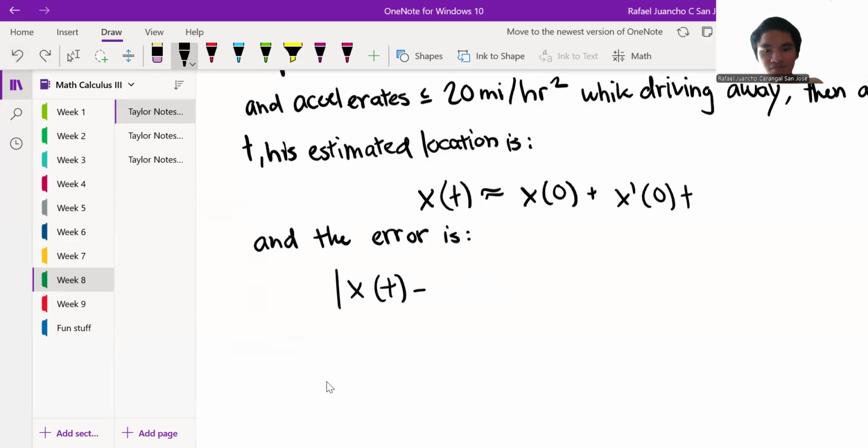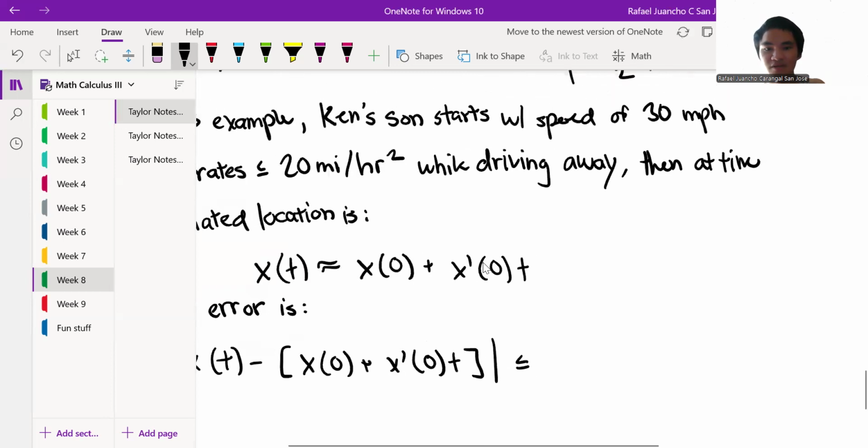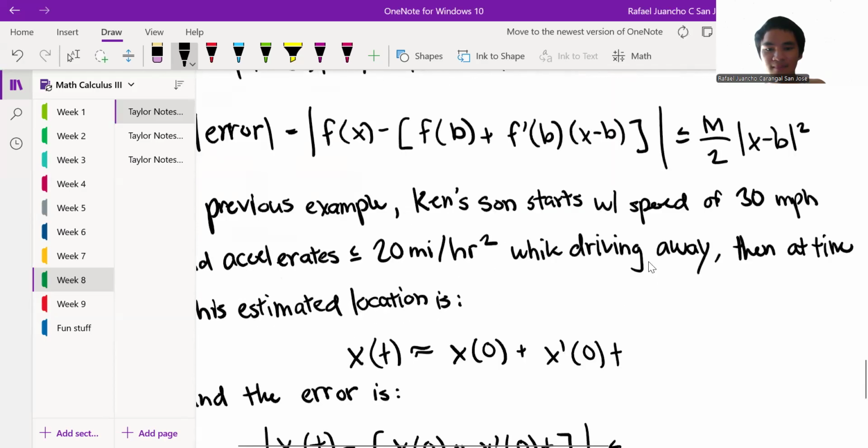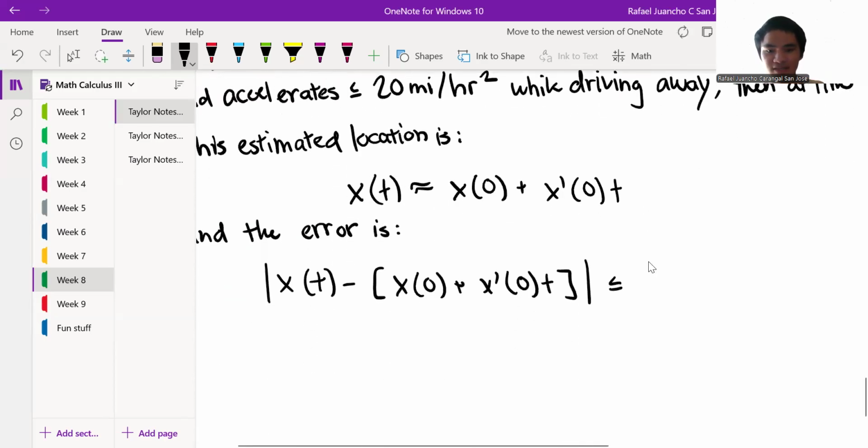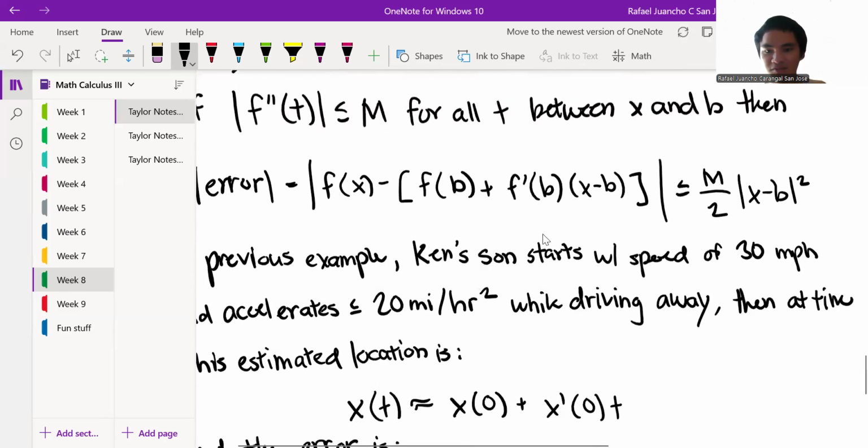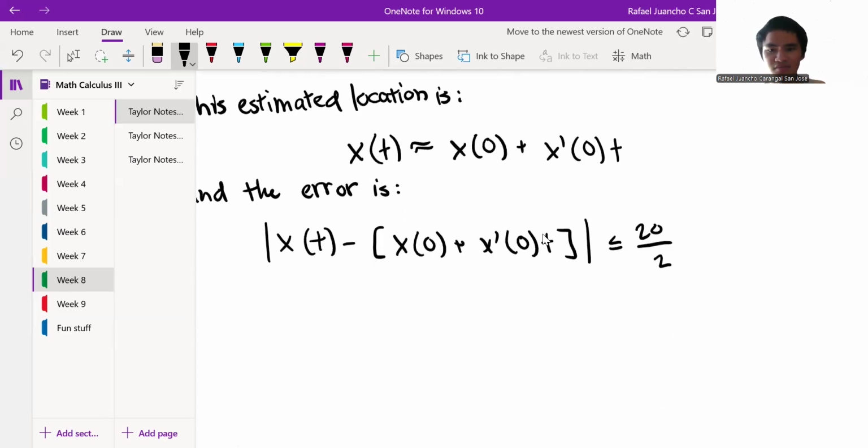I meant the tangent line approximation. This should be less than or equal to the m divided by 2. So in this case, 20 divided by 2. And then we have x minus b squared.